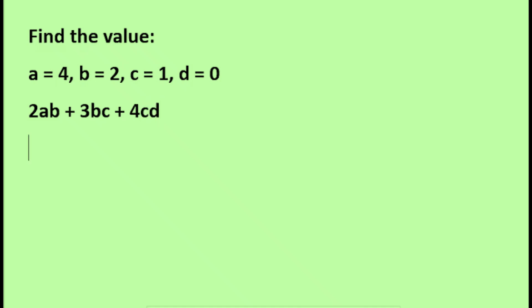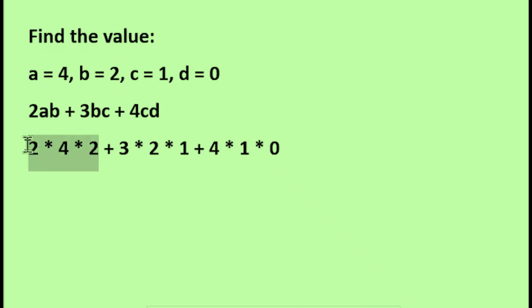So 2AB means 2 into A into B: 2 into A is 4, B is 2, plus 3BC, 3 into B into C, 3 into B is 2, C is 1, plus 4CD, 4 into C is 1, D is 0.